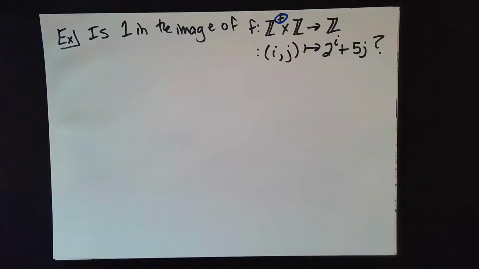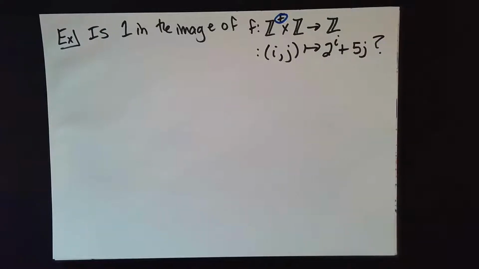Okay, so that said, is 1 in the image of this function? Yes, and so what do I have to do in order to prove that that 1 is in the image of this function?